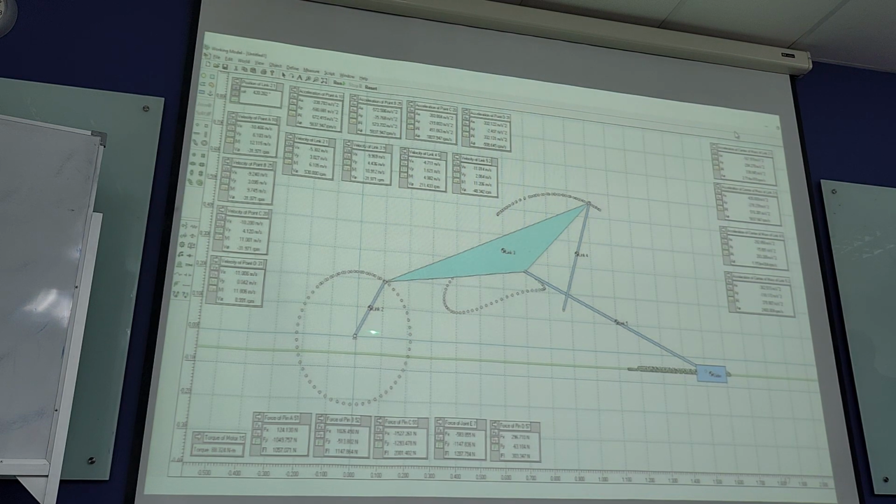Once you complete your rotation and stop at 60 degrees, you can trace the movement of the point C. This is point C, this is point B, this is point D. And you print all the meters for the velocities, accelerations, and the forces.